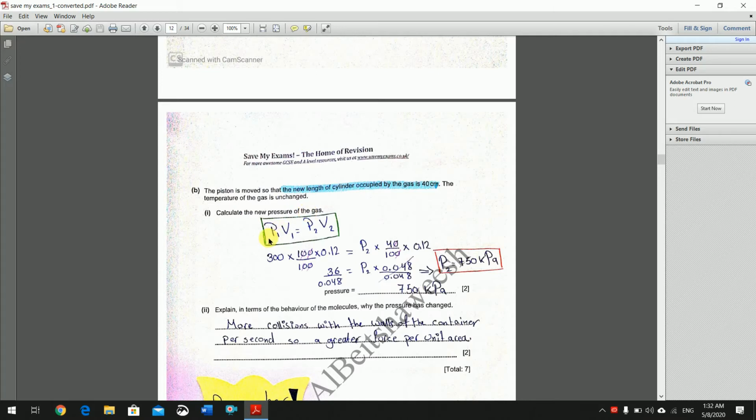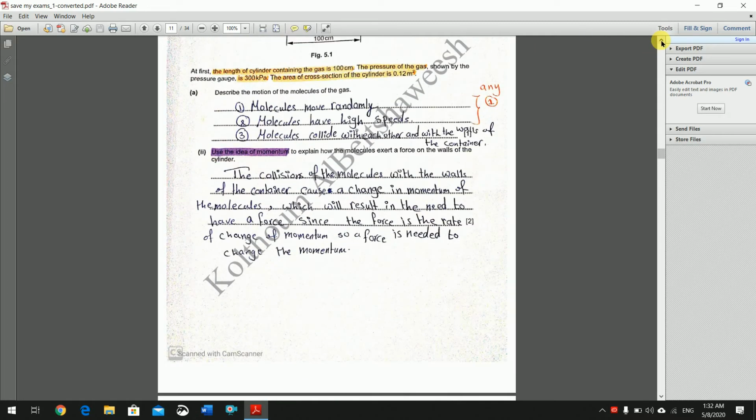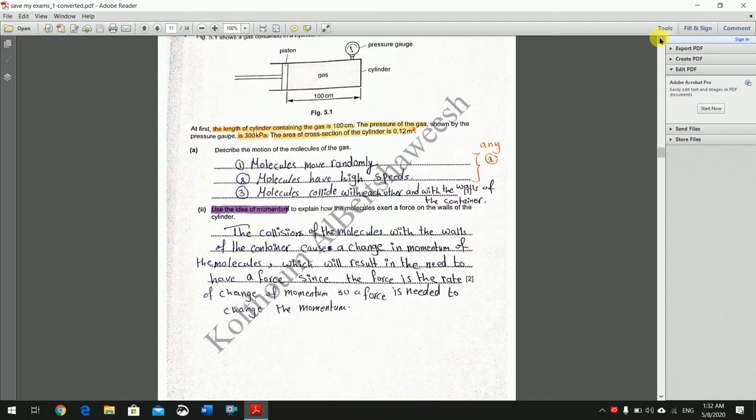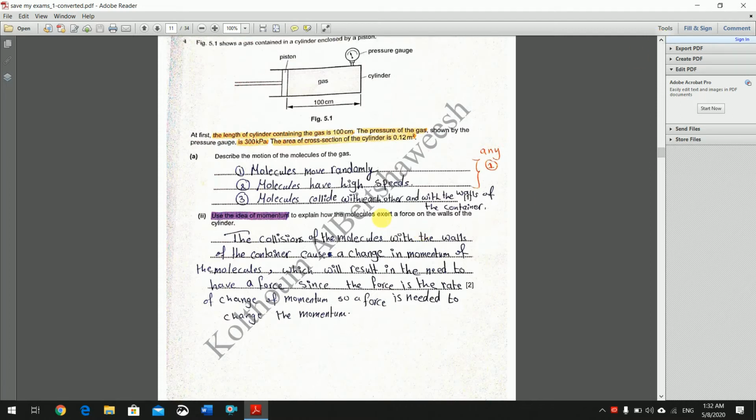So we also use this formula, P1V1 equals P2V2. Now P1 is the pressure at the beginning, which is 300 kilopascal. The new pressure, P2, is what I want to find. Now the idea here is in the volume. We are given the area of the cross section, which is constant in both cases.